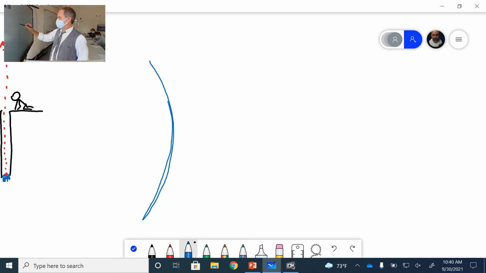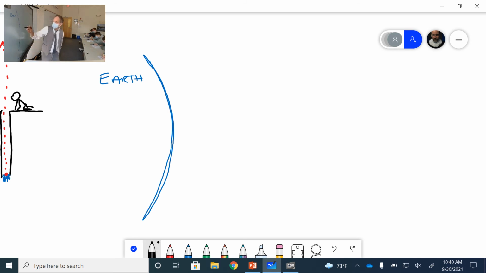This is the curve of the Earth. And we know that in Syene, the sunlight is straight overhead.